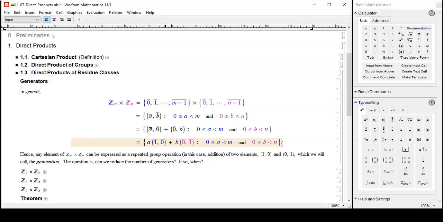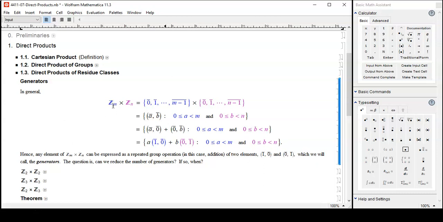For that reason, we call these two elements the generators. Now the question is, is it possible to reduce the number of generators from 2 down to 1? With 2 generators, yes, we can express everything.